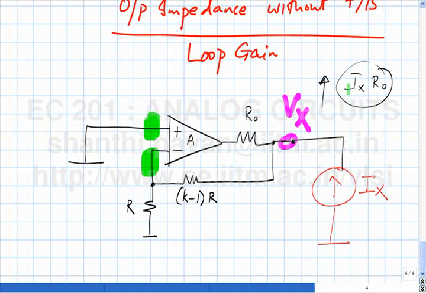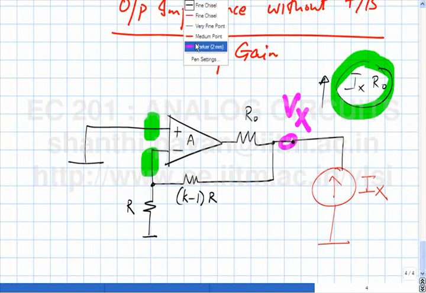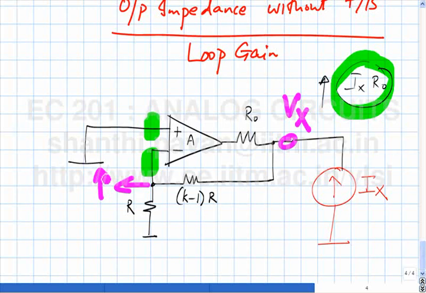So, when you pump in a current, momentarily the output will tend to go towards Ix times R0, which means the moment this voltage goes up, what do you think will happen to this voltage? This will also go up, though by a smaller value, but equal to Ix times R0 divided by K.